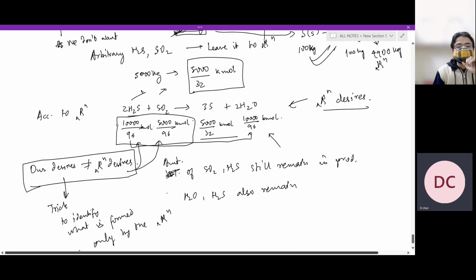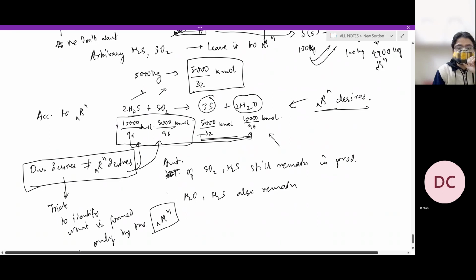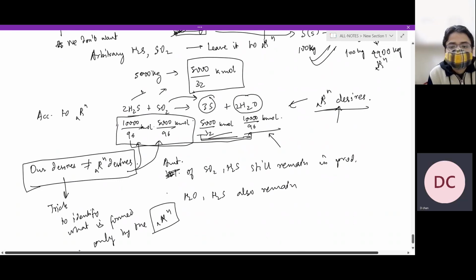So you need to find all the species that are formed according to the reaction's desires, okay? So both of these were not supplied by us. These were all formed due to the reaction, right? So only the reaction is truthful. Whatever values the reaction will give, these are the absolute truths. So you need to focus on them.